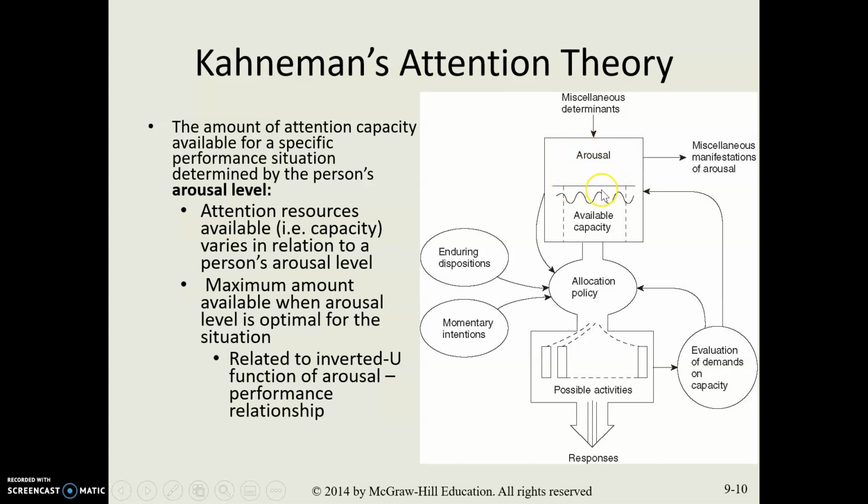So the idea here is this is a flexible area, and it's best to be in what we call the optimal level of arousal, the inverted U, where I'm not aroused too much, but there is some arousal, so that in fact I'm able to attend to all the information that's presented. So arousal plays a role in the way I attend to information, and that's the first part of his theory.